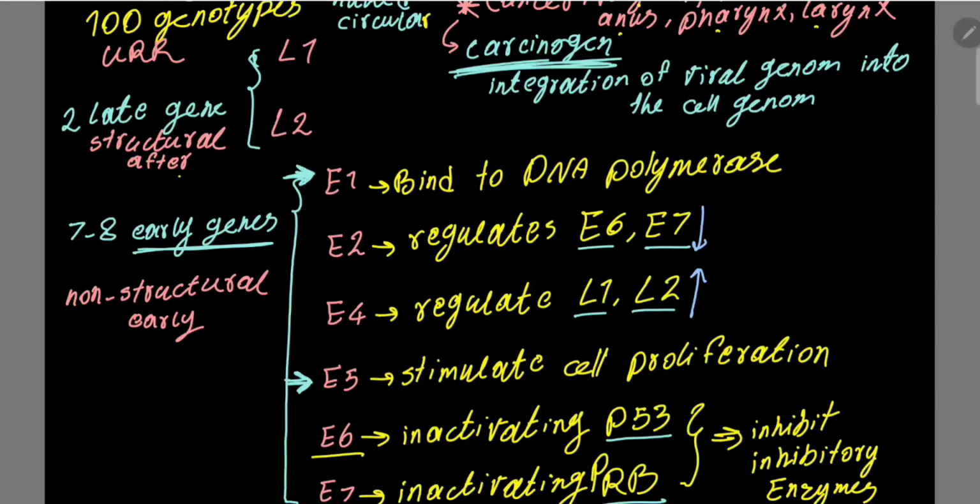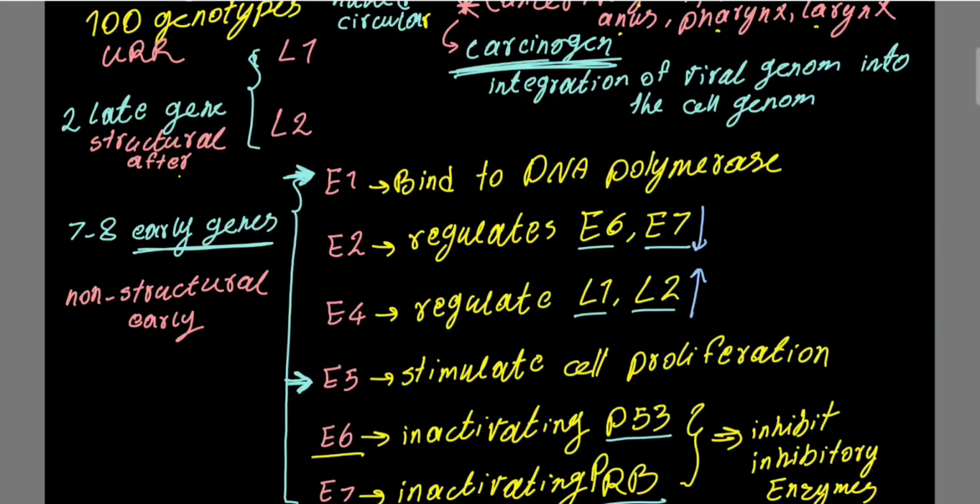The late gene is the structural one, and it will be transcribed after the early genes. Because they are structural, we first need the replication and all of the factors we need, and then we can go to the structure so we can form the eventual terminal virus. So we first need to transcribe the non-structural ones, which are early, and then we can go to the late ones.